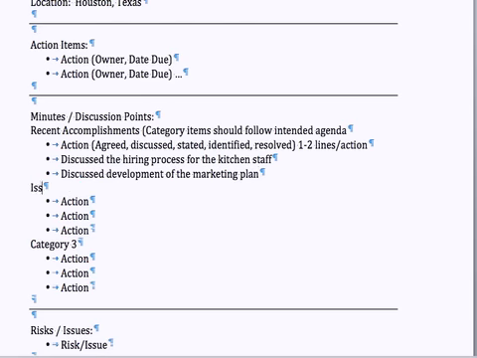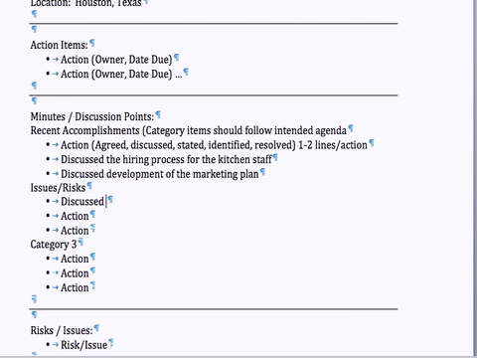Let's say the next section is issues and risks, and if you recall from the issues and risks, one of them was extending the hiring timeline.